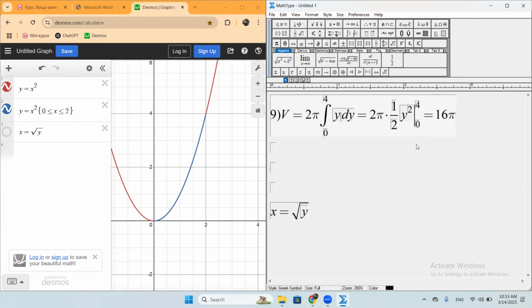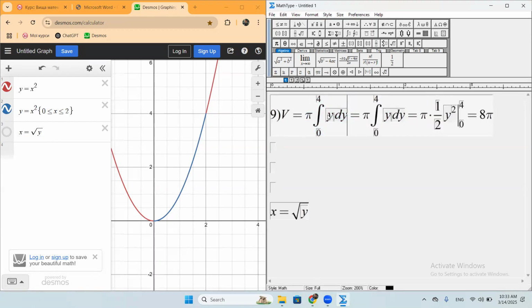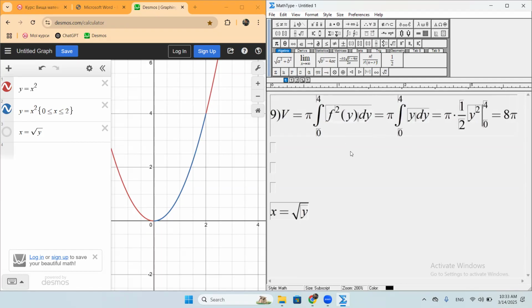I don't understand why the integrand is y, but not the square root of y. Because, okay, let me write it. Oh, stop, not 2 pi. First of all, it was a mistake here. We rotate around the y-axis, so f is a function of y.